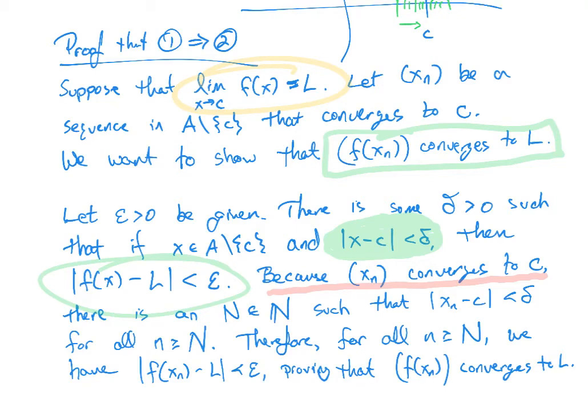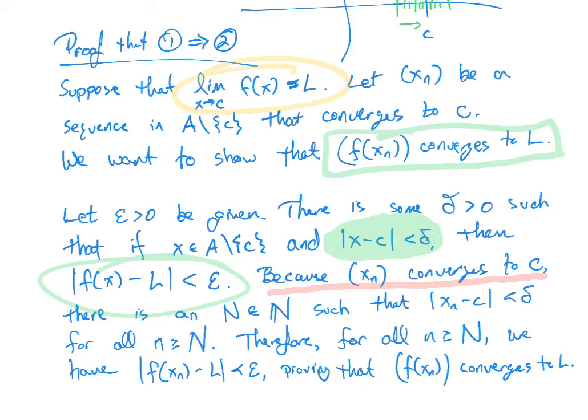Any point on the domain close to the cluster point is sufficiently close, so the function value is close to the limit. Then the corresponding term in the sequence is also close enough to the cluster point, even if it's not like a continuous thing. There's terms. And that's why we make that last statement.